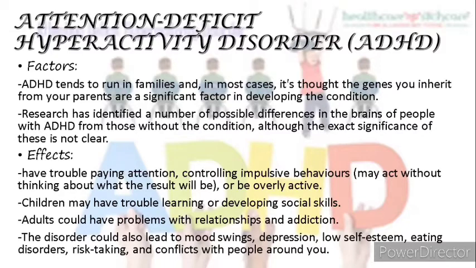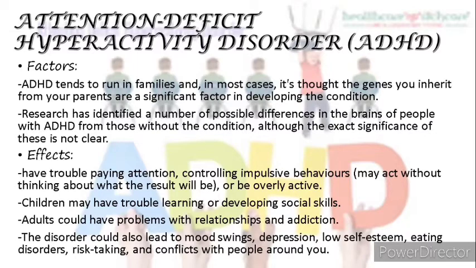Research has also identified a number of possible differences in the brains of people with ADHD from those without the condition, although the exact significance of this is not clear. For example, studies involving brain scans have suggested that certain areas of the brain may be smaller in people with ADHD, whereas other areas may be larger.